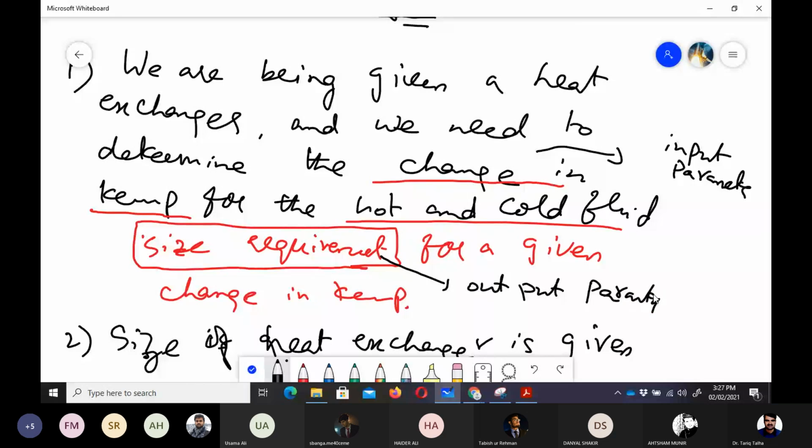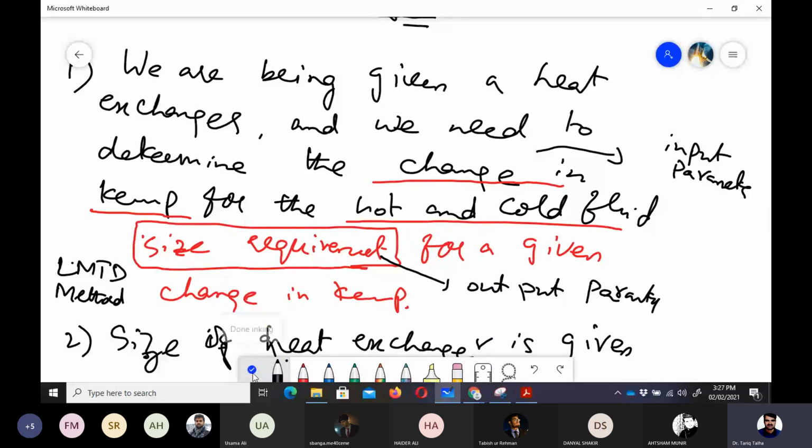This is usually done with the LMTD method. What is the LMTD method? Log mean temperature difference. We are going to discuss it in detail in the coming hour.